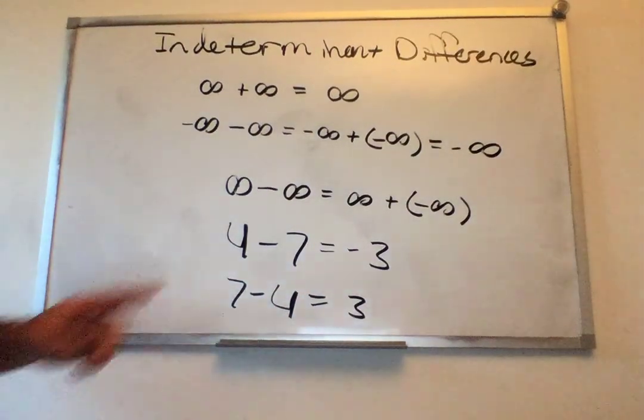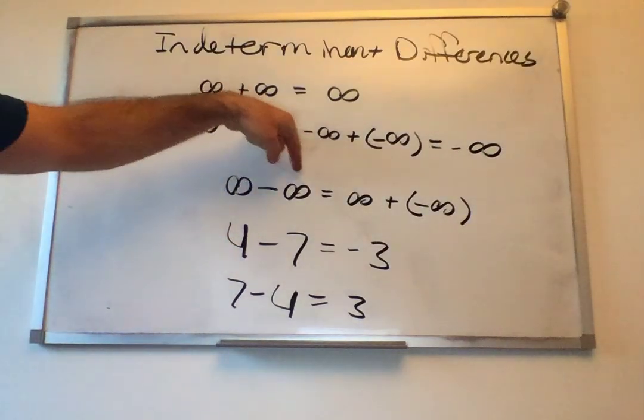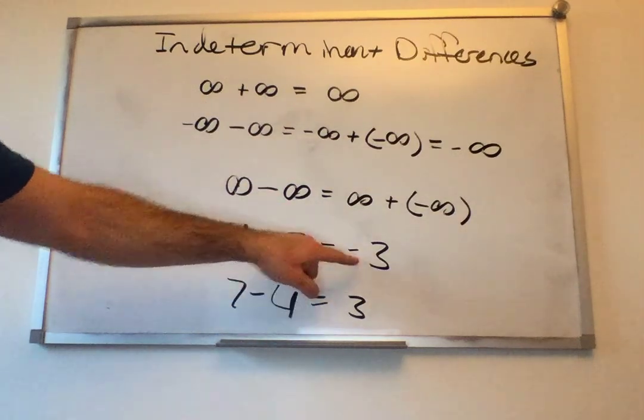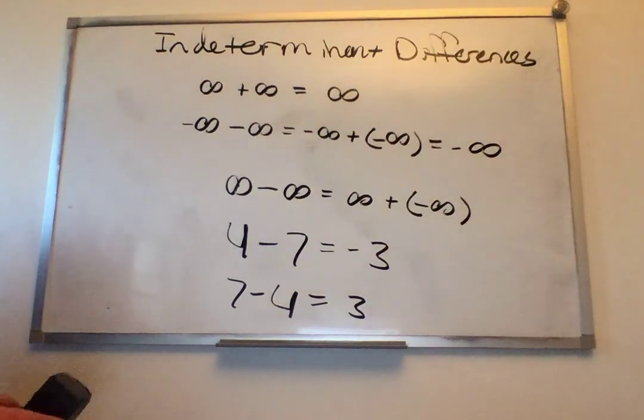So as you can see, we run into a problem with the subtraction. We need to know which infinity is bigger, so we know how to tell our answer. Is it going to be negative infinity or is it going to be positive infinity? So this is an indeterminate form because we cannot tell whether it should be positive or negative infinity.